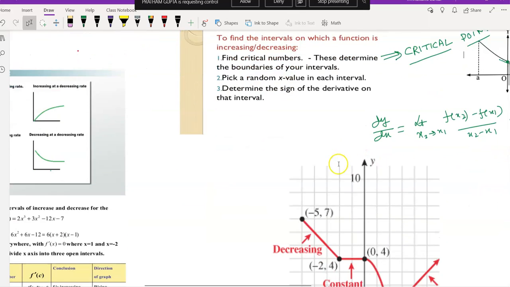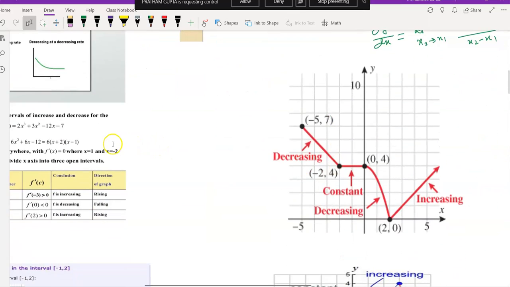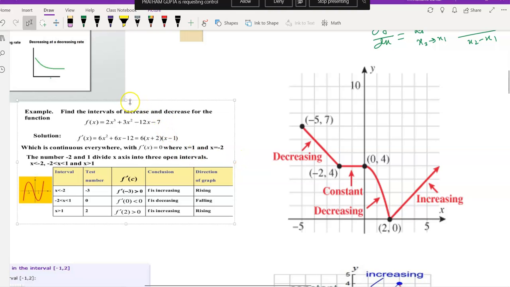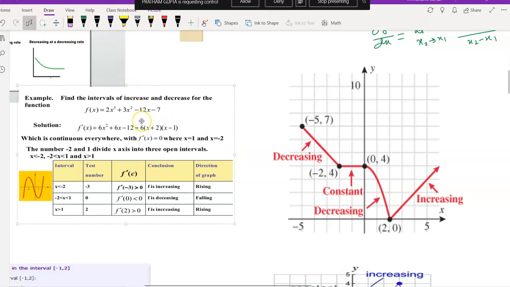I'll just show you one example here. First, let me tell you in which interval this is going to be increasing or decreasing, and later on I will explain with the help of a graph how it happens.